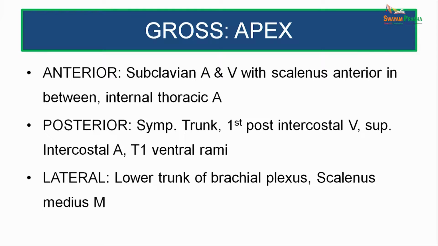So, talking of the posterior relations, on the posteriormost side we have the sympathetic trunk with or without the stellate ganglion. Then there is the first posterior intercostal vein, which passes on to drain into the brachiocephalic vein of its own side.